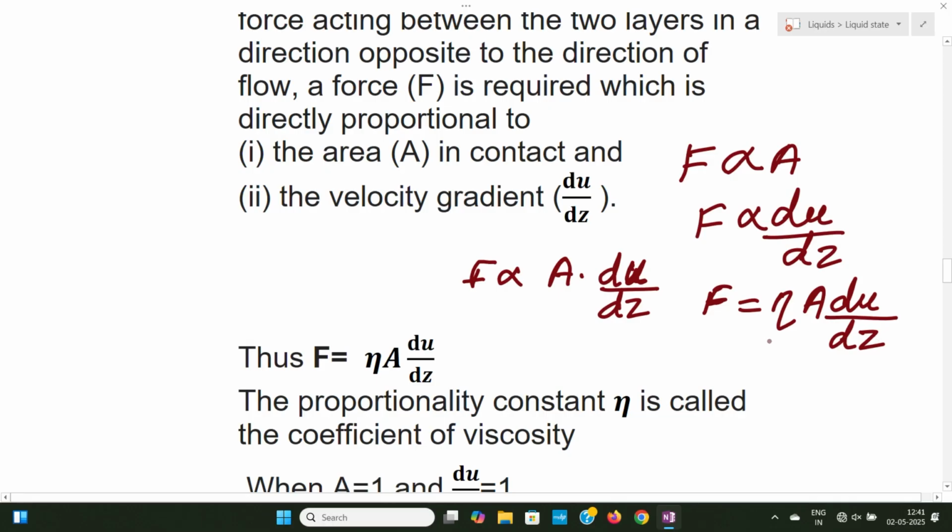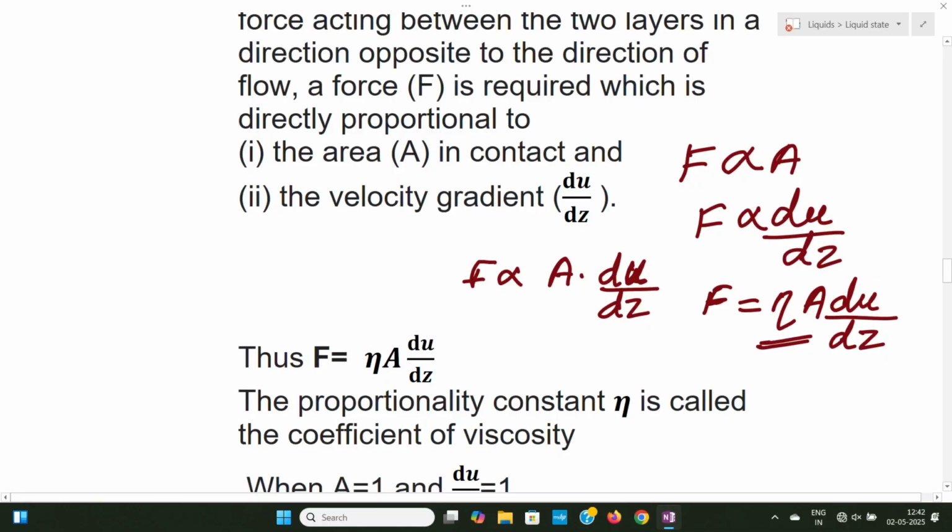This proportionality constant eta is called the coefficient of viscosity. How does it come? When there is a resistance to flow, there will be another force opposing it. That force is directly proportional to the area of the plate and the velocity gradient du by dz.